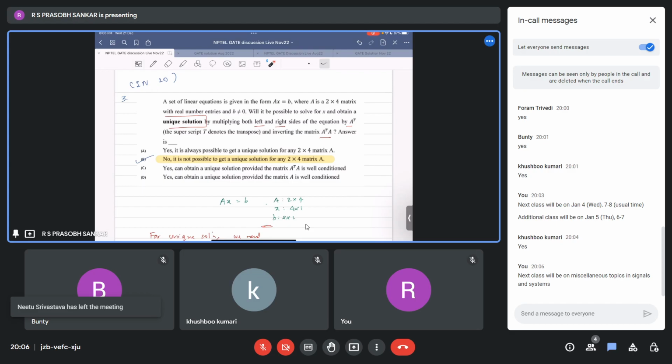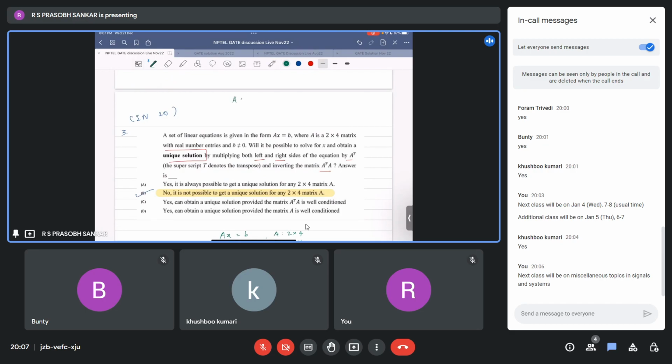Now they're asking, is it possible to get a unique solution by multiplying both left and right sides of the equation by A transpose and then inverting the matrix A transpose A. So what they're saying is that we have Ax equal to B. I will multiply both left and right of this equation by A transpose.